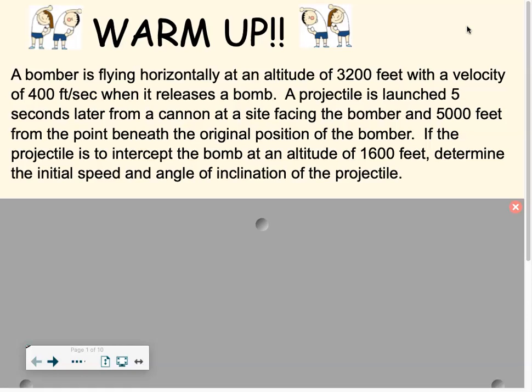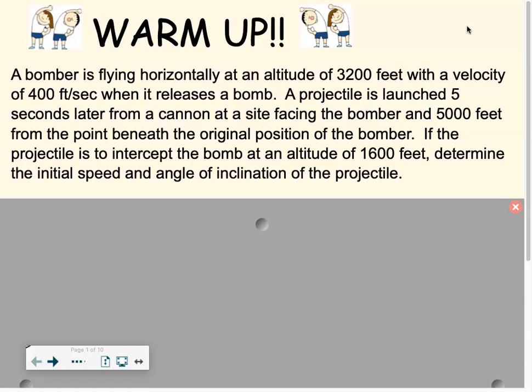I don't know how to draw a cannon. And we have a projectile, and we want the projectile to somehow explode, like kill the bomb, right?